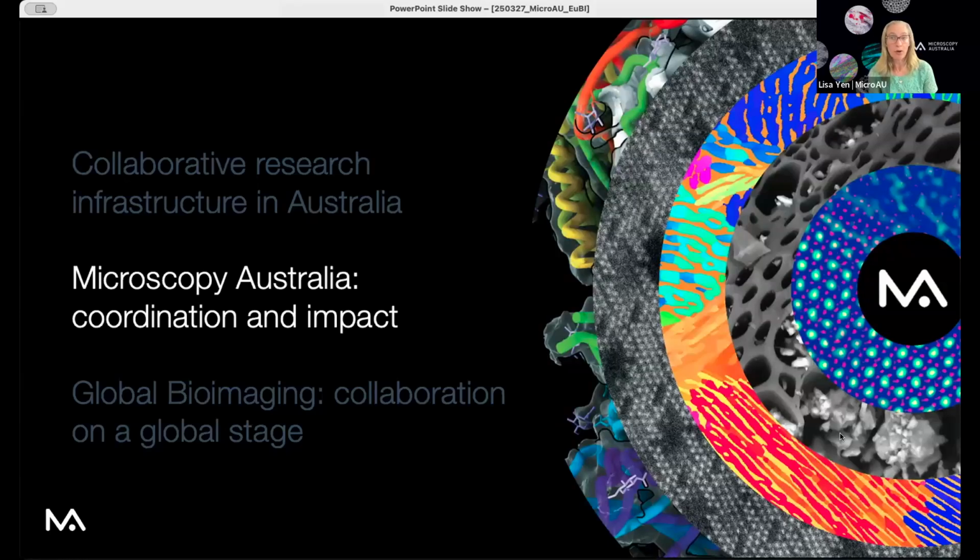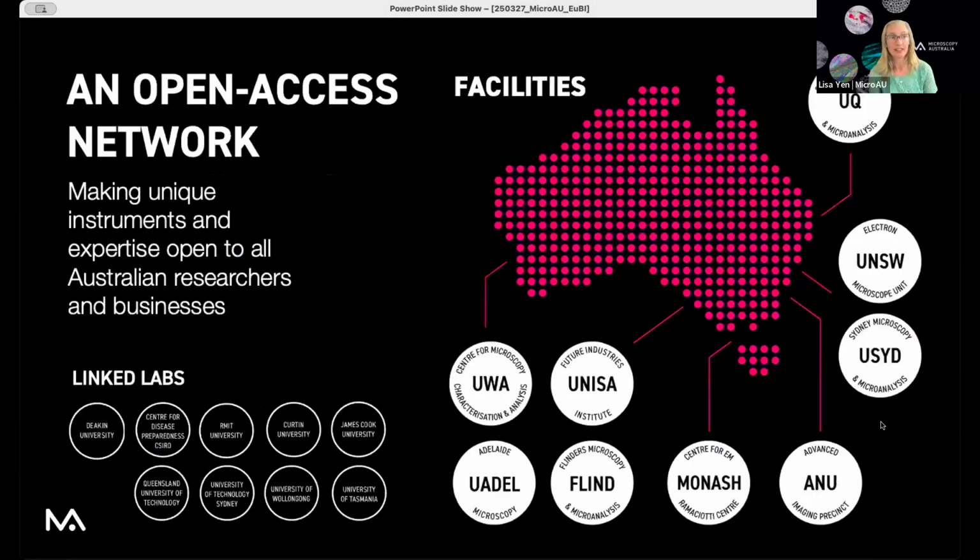So let's talk a little bit more about Microscopy Australia itself. The way Microscopy Australia is delivered is a consortium of open access facilities, and that is based at 9 different universities around Australia. And it's really that combination of placing those instruments where Australia might not need a number of them.